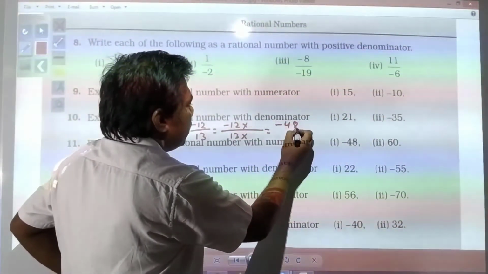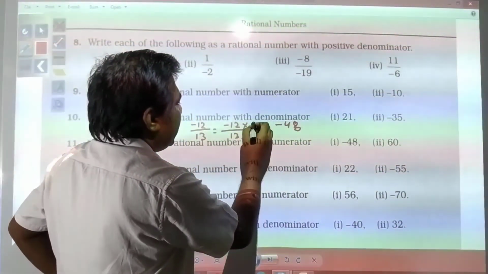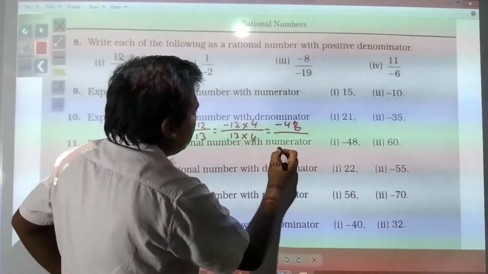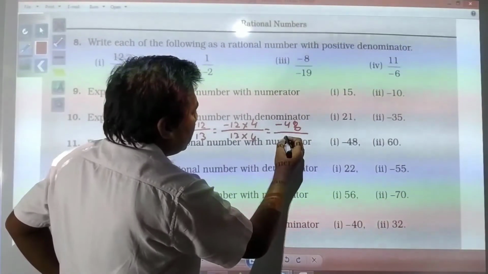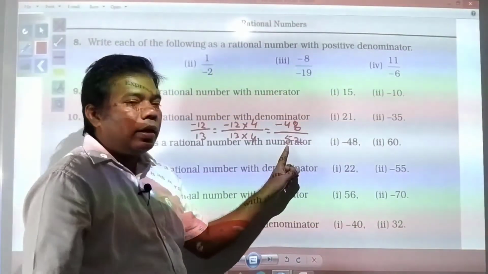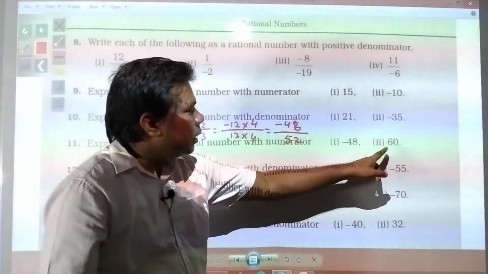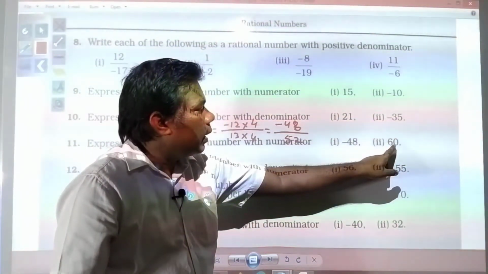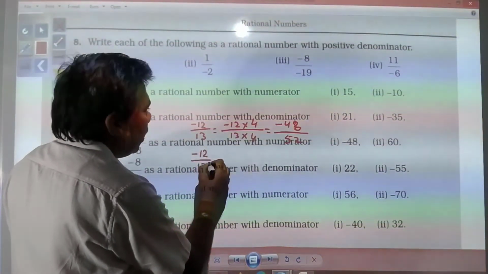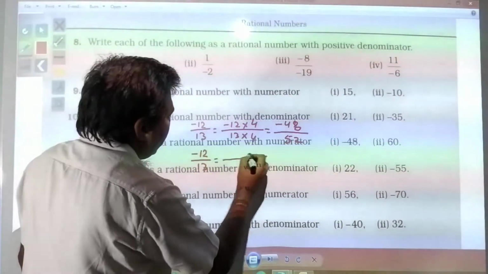Just see, 12 times 4 is 48. So 4 will be required, and 13 times 4 is 52. So minus 48 by 52 will be your answer. If you need to convert that to 60, then what do you need to do? Minus 12 by 13, and you need plus 60.